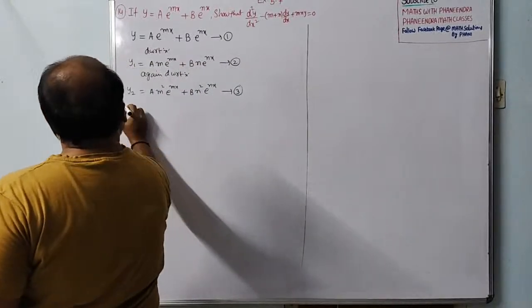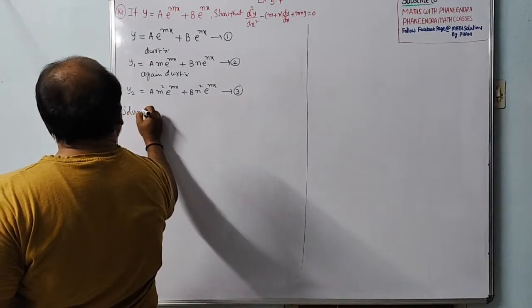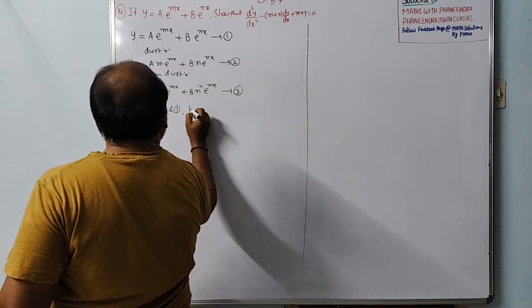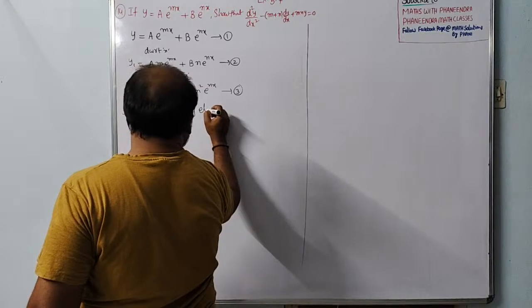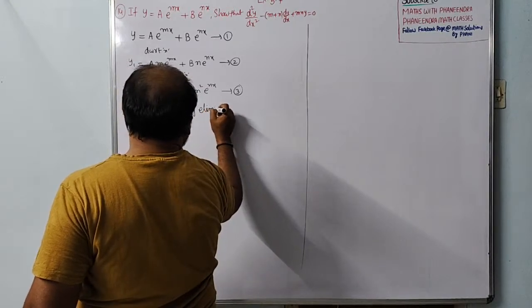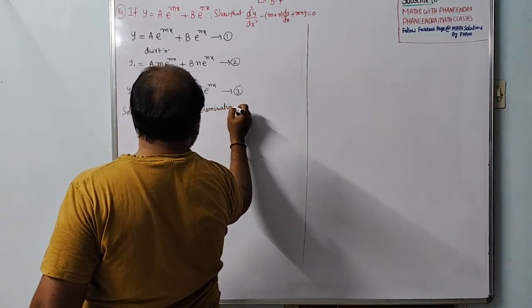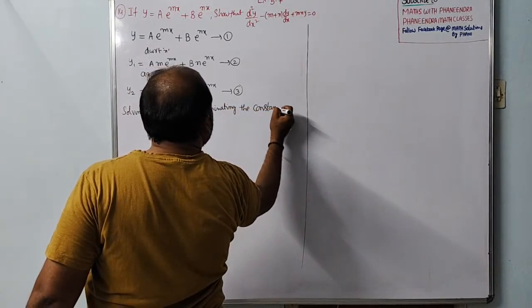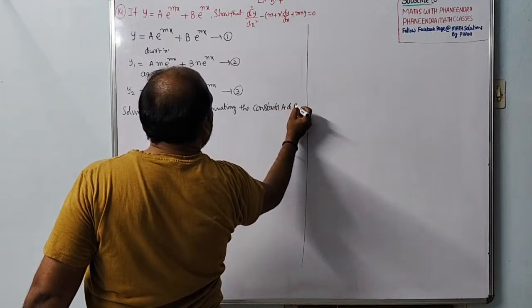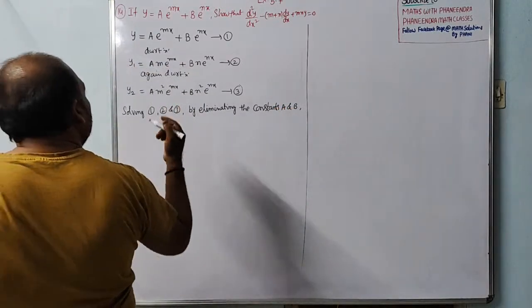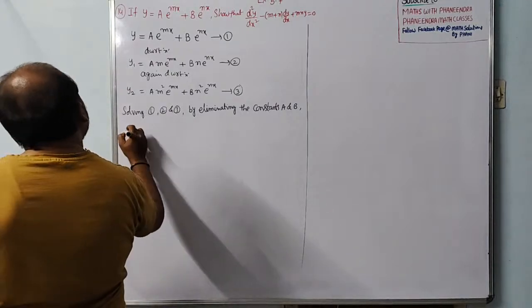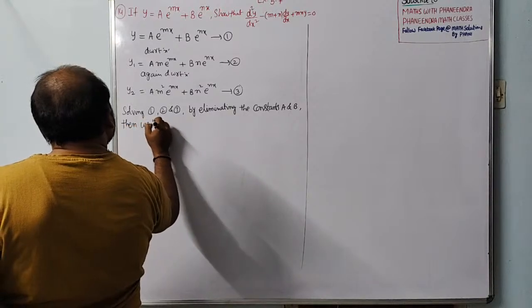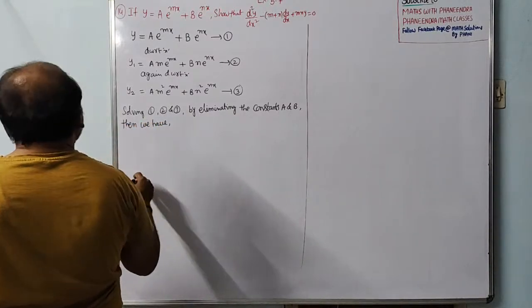So solving 1, 2 and 3 by eliminating the constants a and b, then we have, so this procedure first I am following.